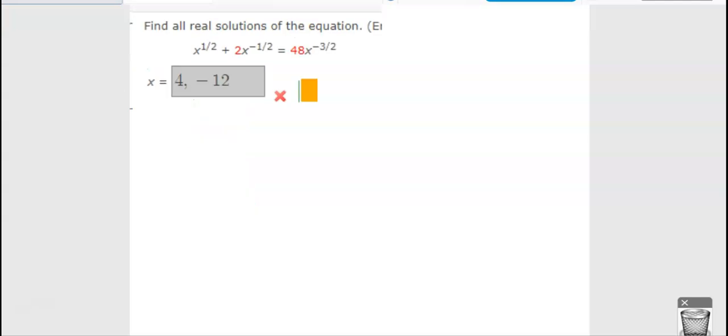All right, and then lastly on this problem, now this is an interesting problem. I like these problems. A lot of times students get stuck on this problem and not sure what to do. Well, first bring everything over to one side. This is kind of like that one problem where I said you have to learn how to factor out negative exponents.